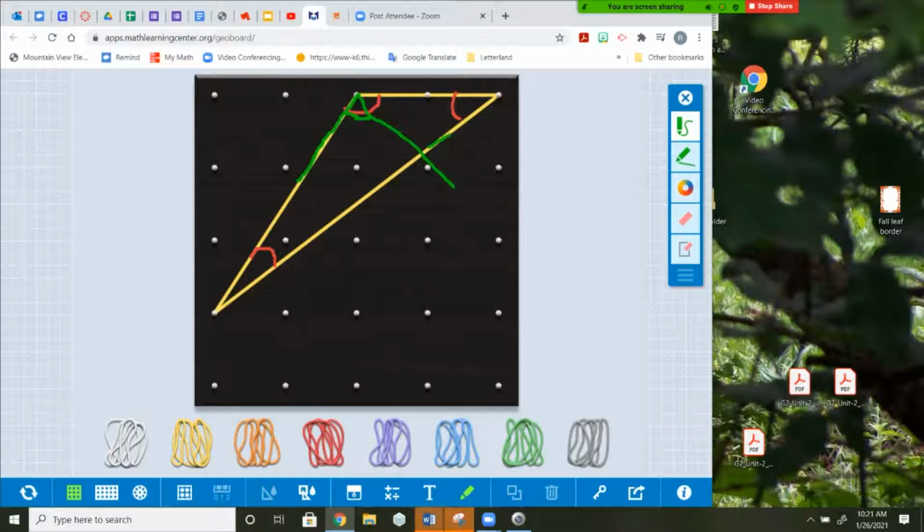Okay, let's look at this one right here. If I draw the corner of a piece of paper, it went off the line. Does that one go past it or is it inside the right angle? It's inside the right angle. So what would we name this angle right here? Obtuse, acute, or right?